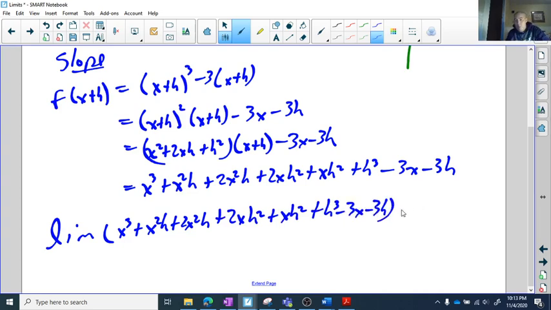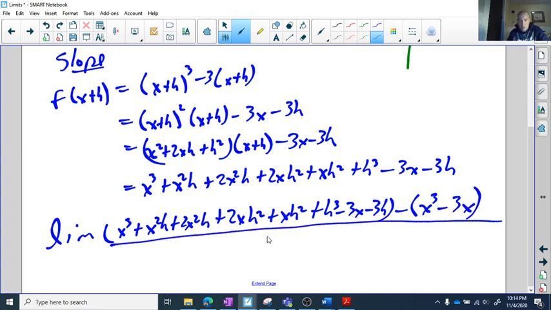So now subtract f of x, your original function, x cubed minus 3x. So there's f at x plus h, take away f at x, all of that over h as h goes to 0.